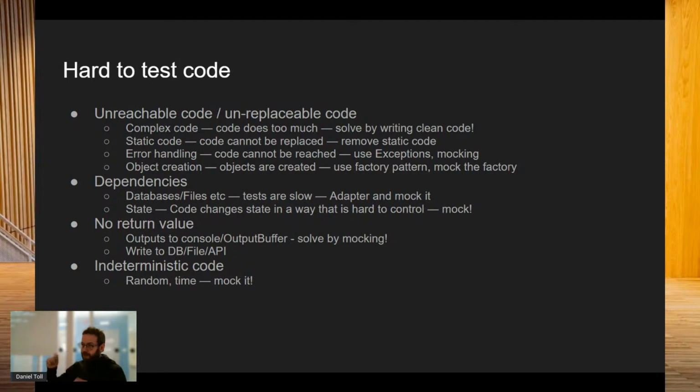Also, if we have a difficult dependency, like to a database and stuff like that, that dependency makes it hard to test. So imagine that you have a function or a method that writes to the database and it never returns anything. So with normal asserts, we cannot test this, or we cannot test this easily as if a method returns something. So if the write to the database succeeds, we return true, and we can test that we return true, right, with a normal assert.